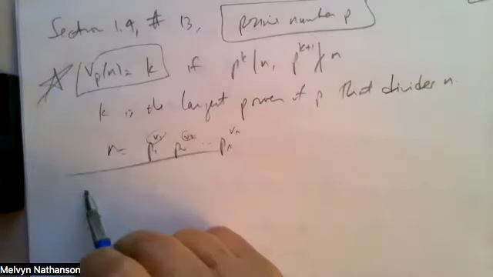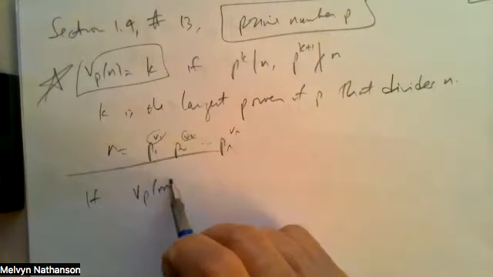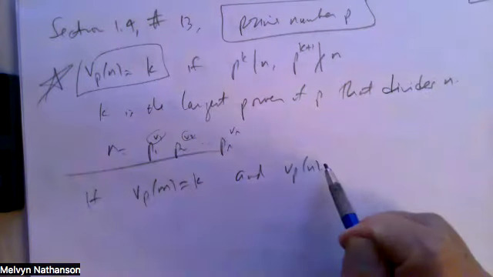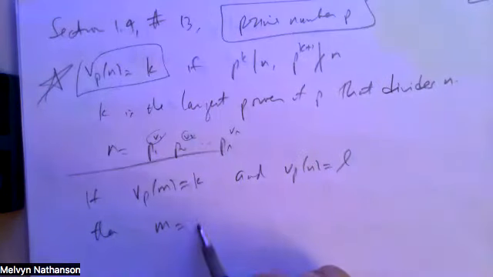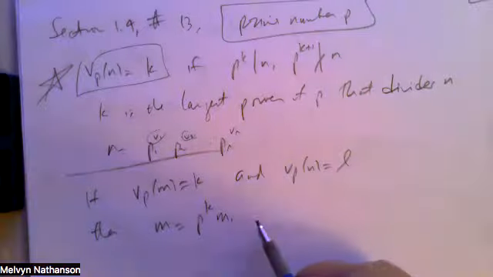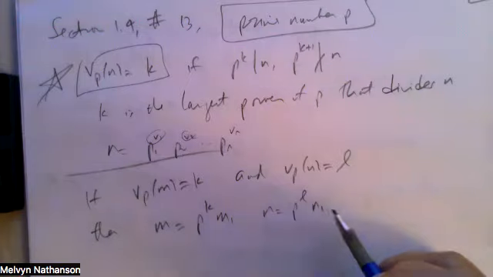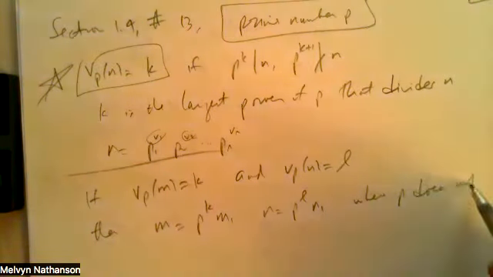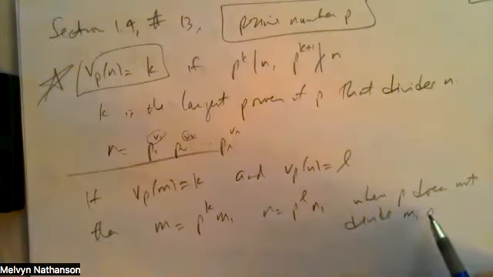So for example, if Vp of a number m is equal to k, and Vp of n, a number n, is equal to L, then what does that mean? It means that m is p to the k times some number m1, and n is p to the L times some number n1, where p does not divide m1 or n1.